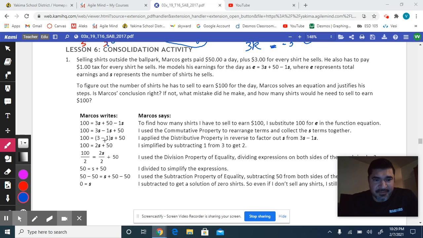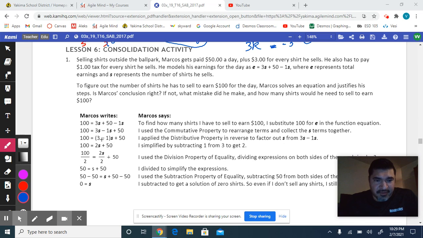The next part says I applied the distributive property in reverse to factor out S from 3S minus 1S. You can see that both of these have an S in common, so they took out an S, and then this ends up being 3 minus 1.